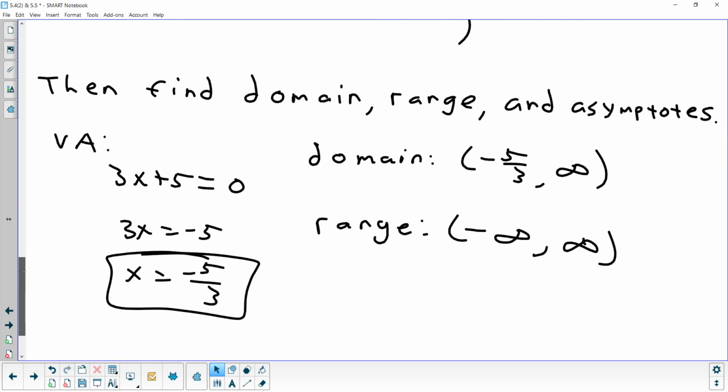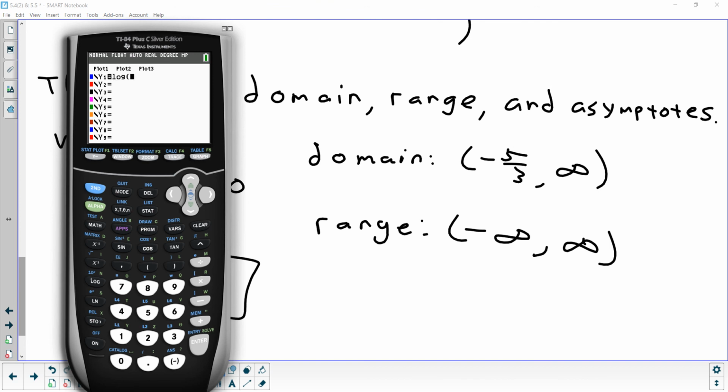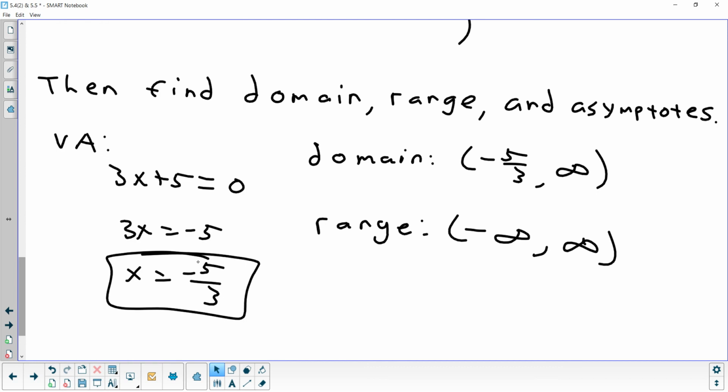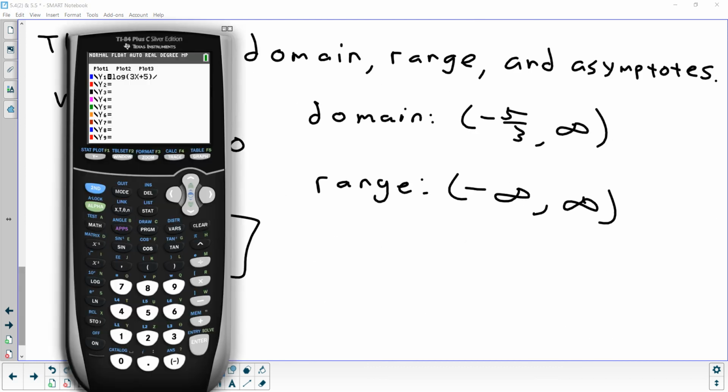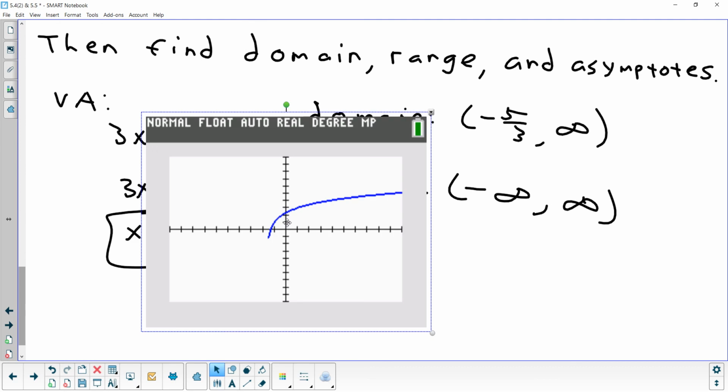I'm going to do log 3x plus 5 divided by log 2. All right, let's check negative 5/3. Actually, you can't really check negative 5/3, but hopefully you can kind of see that it looks like it's about negative 1.6. That's where the vertical asymptote would be. And this should keep going like that.